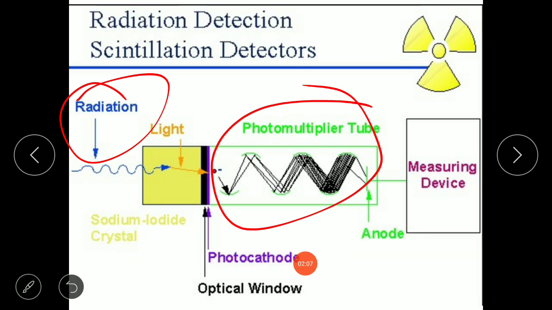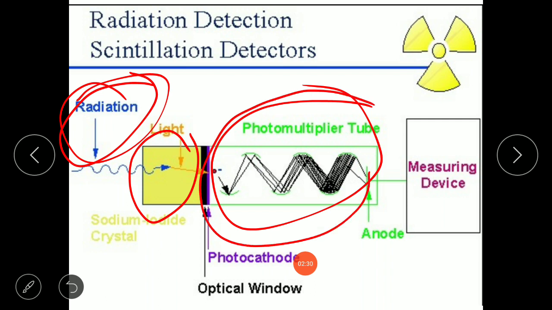Whenever the nuclear radiation strikes this crystal, a tiny flash of light is produced, and this flash of light is amplified by the photomultiplier tube, which is incorporated in this scintillation counter.